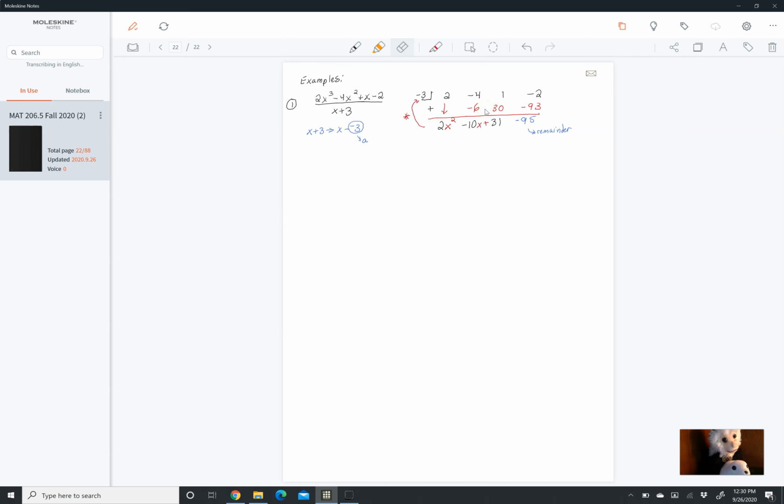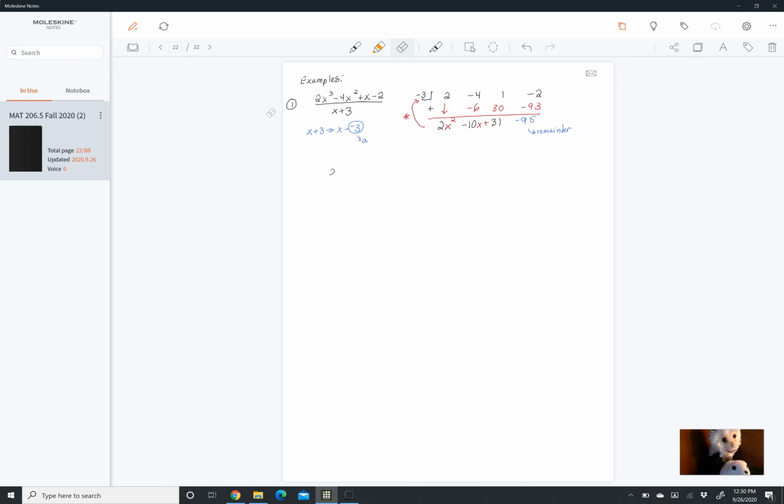Okay, so you can see it's much less writing. It's much shorter. This is super beneficial if you have like an x to the 5th or an x to the 20th even. Imagine doing long division. With synthetic division, it's still a lot of work, but it's much more doable. Okay, so don't forget to write your final answer.